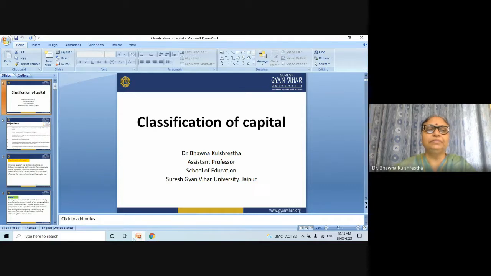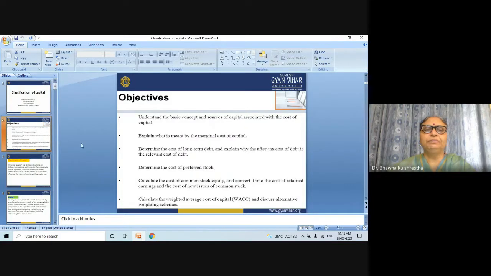This topic's objectives are to understand the basic concept and sources of capital associated with the cost of capital, explain what is meant by marginal cost of capital and determine the cost of long-term debt, and explain why the after-tax cost of debt is the relevant cost of debt.